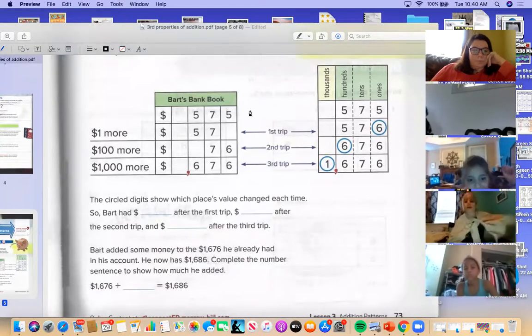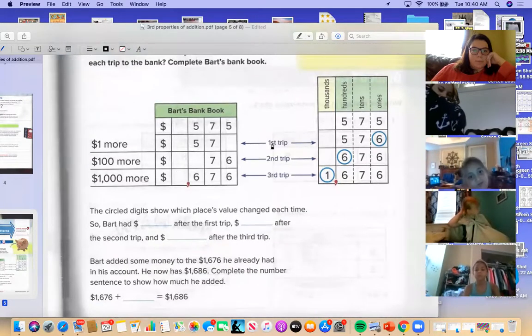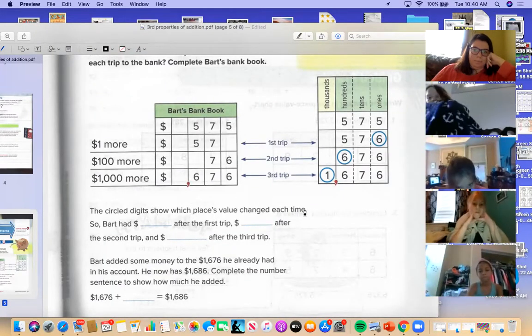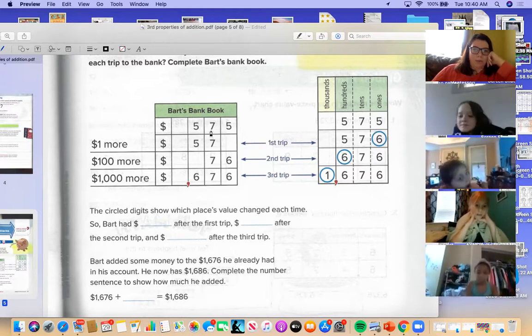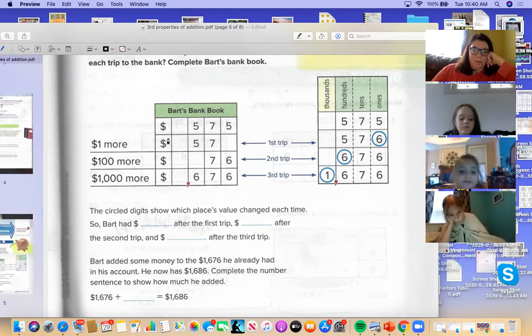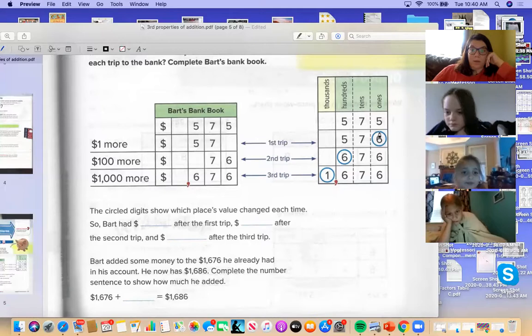Okay, so it says the circle digits show which place value changed each time. Okay, so he had $575. The second time he added $1 more.